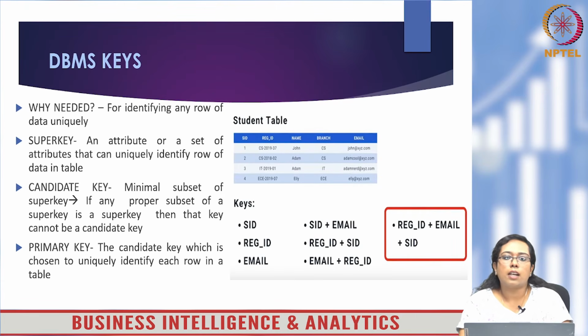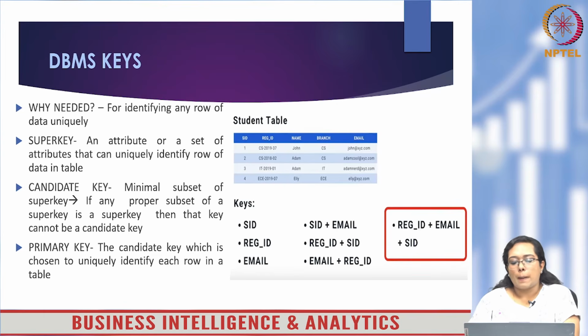Suppose we take all these 3 attributes and combine them together, will it be able to identify a particular row uniquely? Yes, right. So suppose we say student ID is 1, registration ID is CS 2019-37, and email is john@xyz.com. We combine that and give it as an input, then it will return the first row, right? So it is able to uniquely identify that row. That is what is known as a super key.